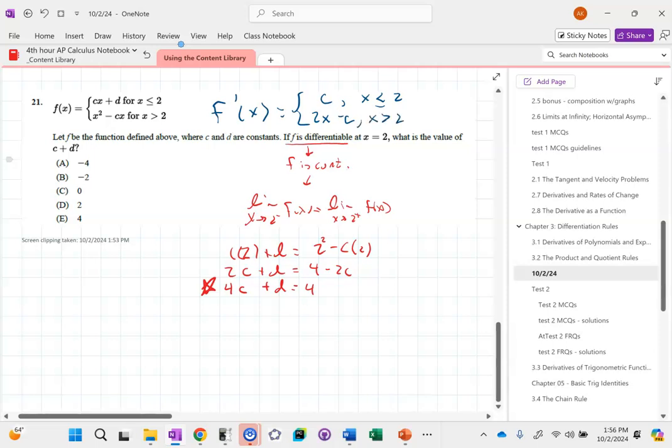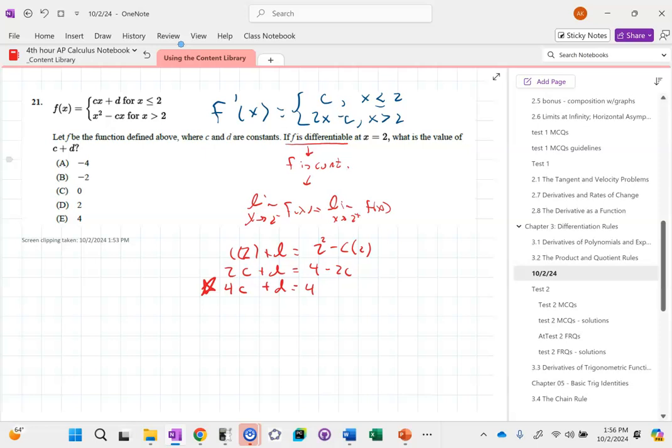Since I'm told it's differentiable, I know the equal sign goes along with the inequality. So that's not a question this time like it was for Michael's, where we didn't know if it was differentiable there or not. Here we're told it is, so we can just keep the inequalities the way they are.